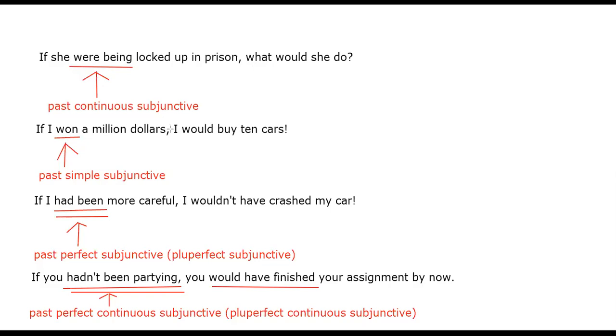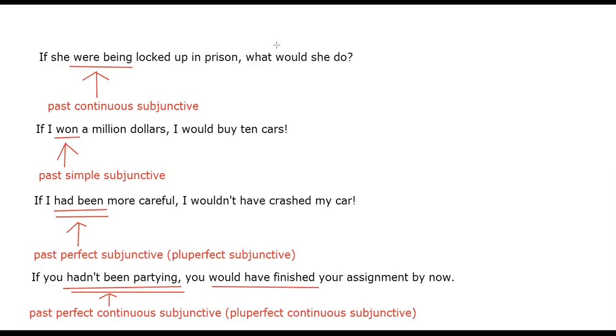And the same goes for if I won $1 million. I'm not winning. I don't have $1 million, but if I won $1 million, well, I would buy 10 cars. And then if I had been more careful, because I wasn't careful in the past, I wouldn't have crashed my car. And then, of course, it's the same thing here. If you hadn't been partying, because you were partying in the past, you would have finished your assignment by now.